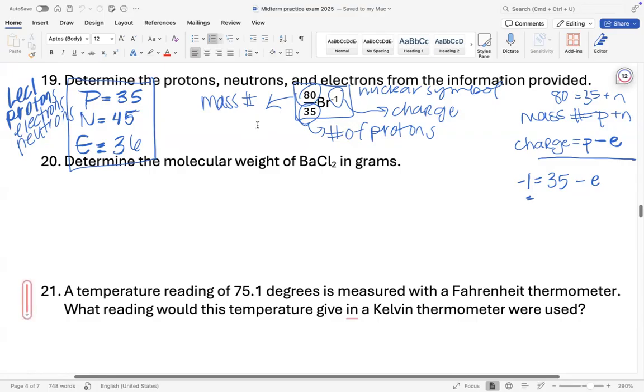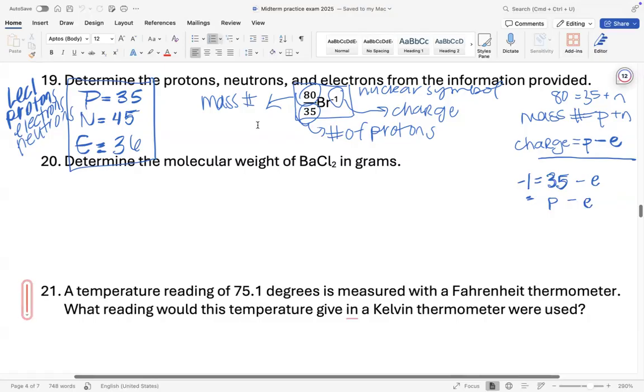You explain that part one more time. Yes. So charge shows us the relationship between protons and electrons, specifically that protons minus electrons equals charge. So if I have a charge of -1, which I do, that is going to equal 35, because that's my number of protons, minus my electrons.